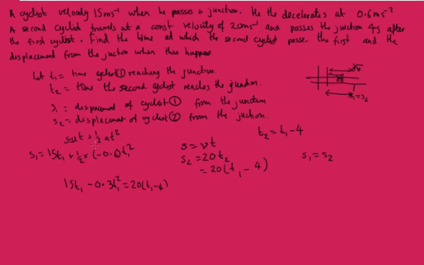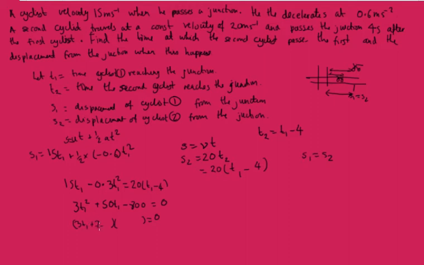So we just sorted all that out and equated the two. Now let's make this into a proper quadratic equation. So we'll just break up the brackets, simplify it down, gather terms, and we'll get that. And now we can solve the quadratic equation.